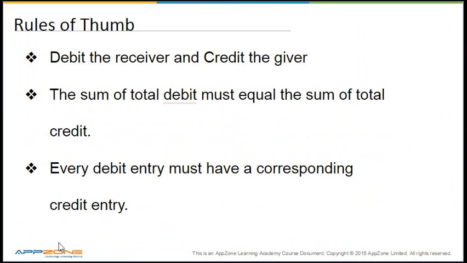Now, going forward, we said the sum of total debit must equal the sum of total credit. Where that is not the situation, we will have an imbalanced account. Remember our accounting equation, where what is on the left side must equal what is on the right side. Your total debit must equal your total credit.